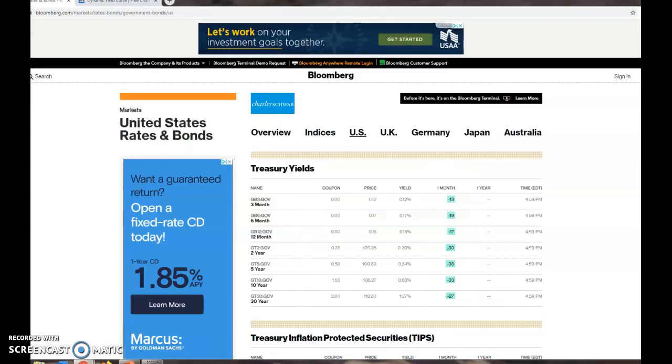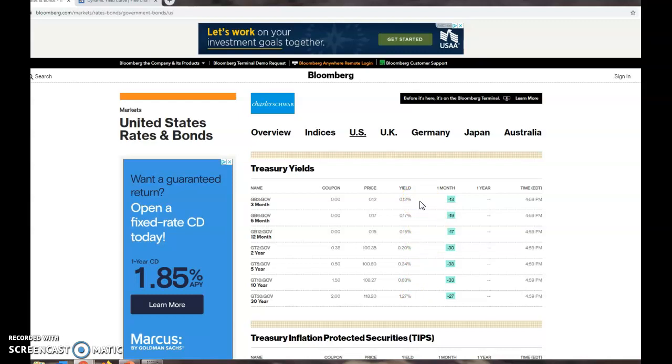Okay, let's take a look at this again, and I wanted to mention that there is this thing called the spread for the normal curve. The spread is the difference between the 30-year bond yield, which is 1.27 here, and the 3-month bond yield or bill yield, which is 0.12.